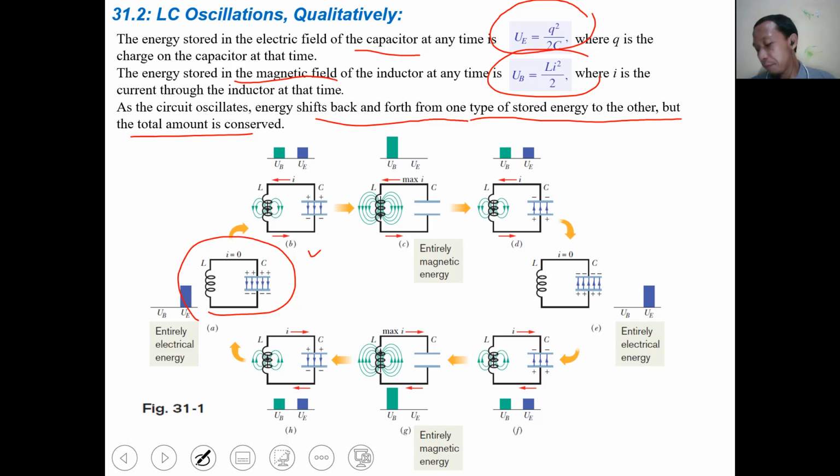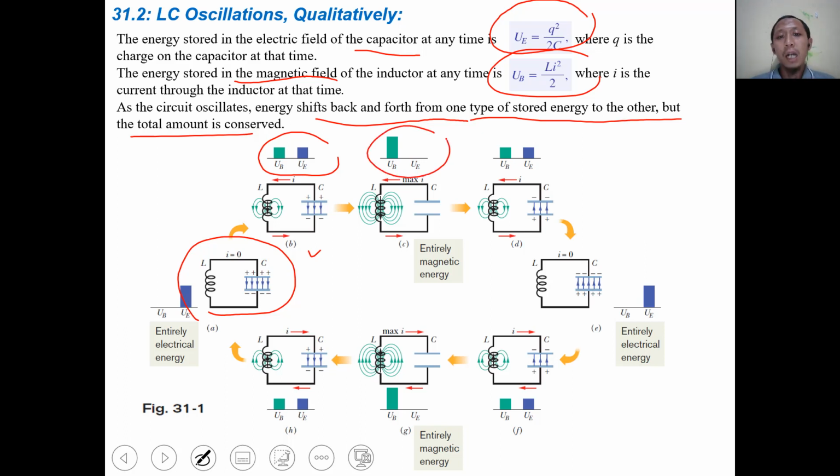This continues until the charge is stored in the inductor at the maximum value, and in this situation U_B is equal to U_E, until the charge is stored all in the inductor. U_B is maximum and U_E is equal to 0.